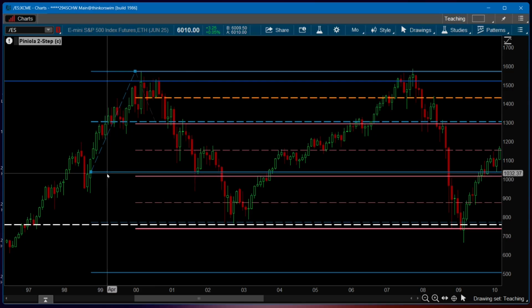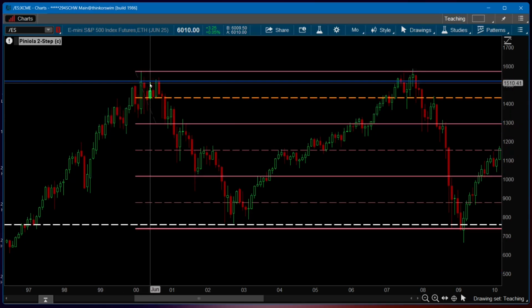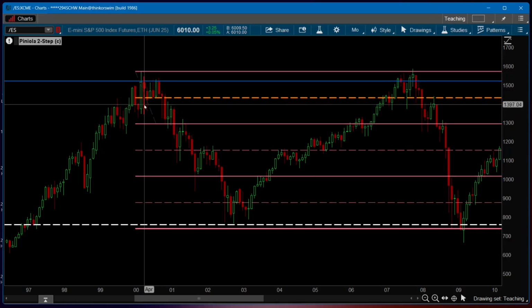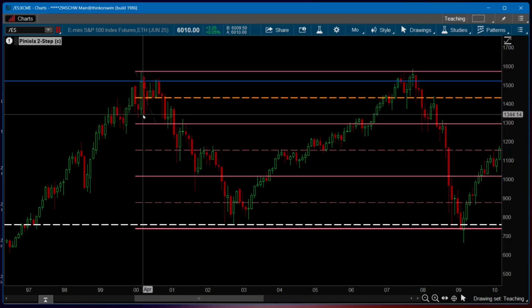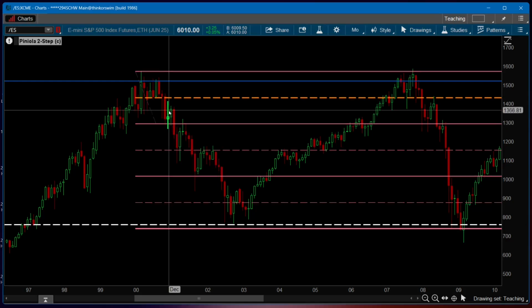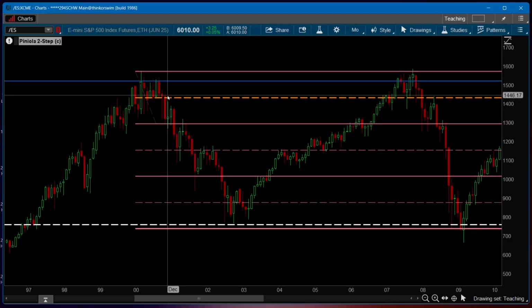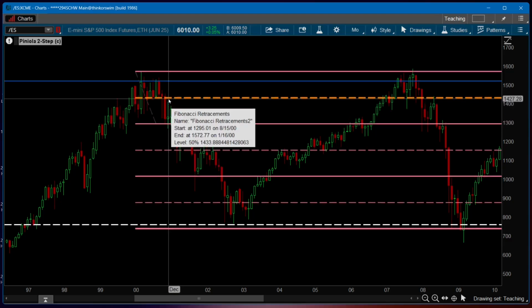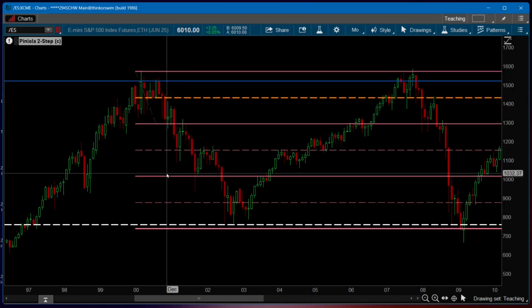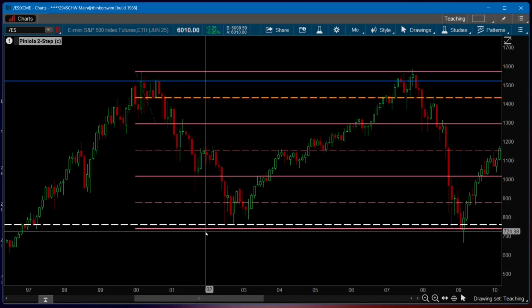But for this purpose, I'm just showing you how you can start by finding the first downward move, which is probably here, but you keep expanding it until you get to a pattern that you're familiar with, or in this case, I'm familiar with this type of pattern right here where it comes back and almost touches the 0.5. This sets my levels for the rest of this run.